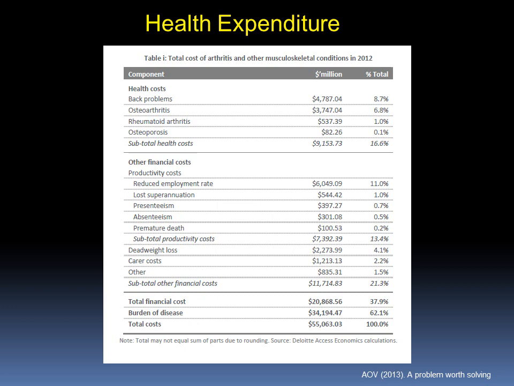Health expenditure on arthritis and other musculoskeletal conditions increased by 5.2% between 2000 to 2001 and 2004 to 2005. What you can see here based on the 2012 statistics is it's over $55 million in terms of healthcare costs.